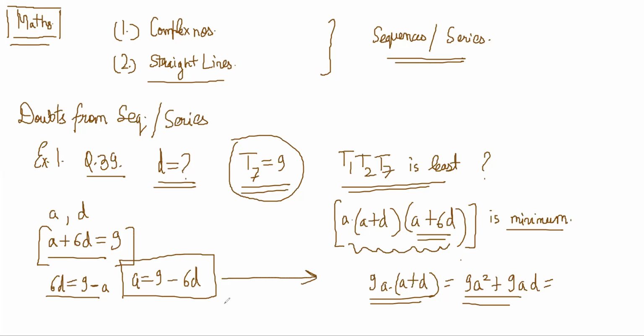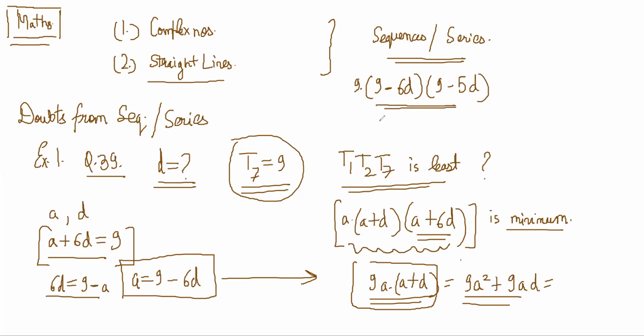If you put 9 minus 6D instead of A in this expression, you will get 9 into A, which is 9 minus 6D, and A plus D, which is 9 minus 5D. This is the whole expression, and this becomes a quadratic you have to minimize. So it is 81 minus 54D minus 45D, so minus 99D plus 30D square, and into 9.